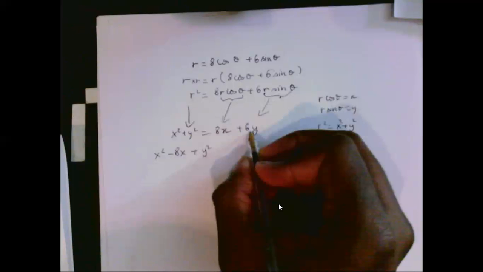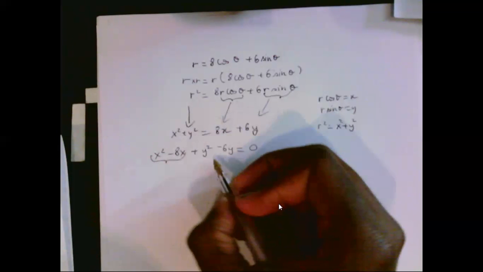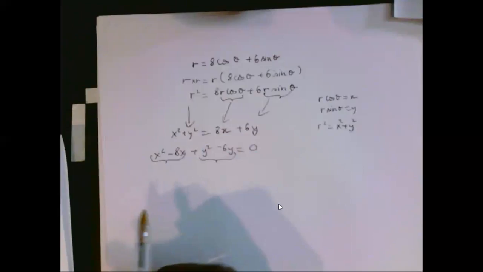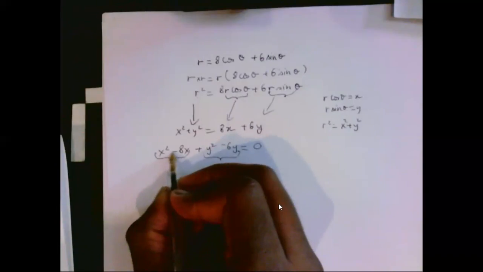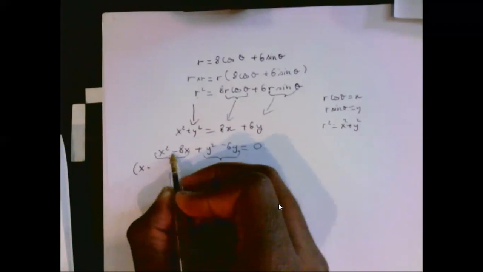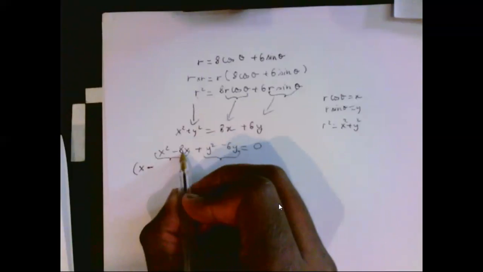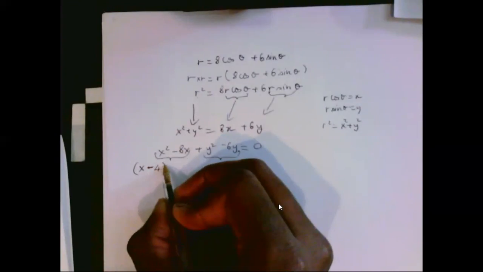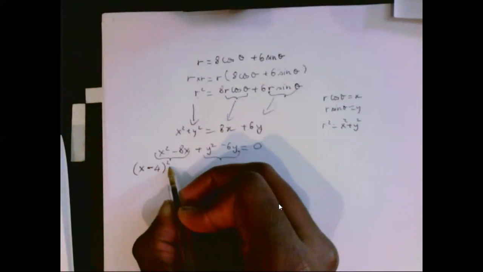So how do I do that? My variable is x, so I write x minus, copying the sign that is here, half of whatever is in here, half of 8 is 4, and I square that. Then I subtract that same square, minus 4 squared. So I'm done with this side.